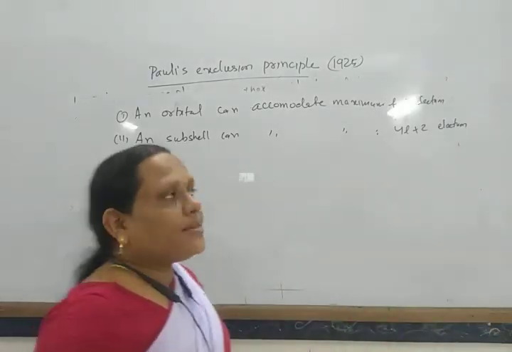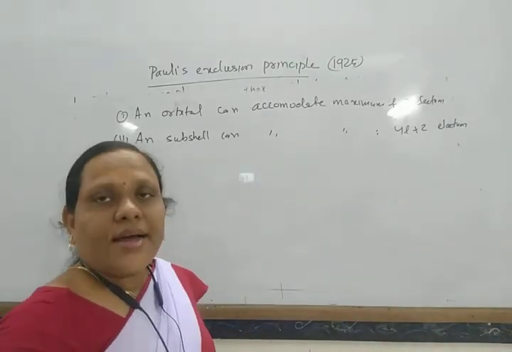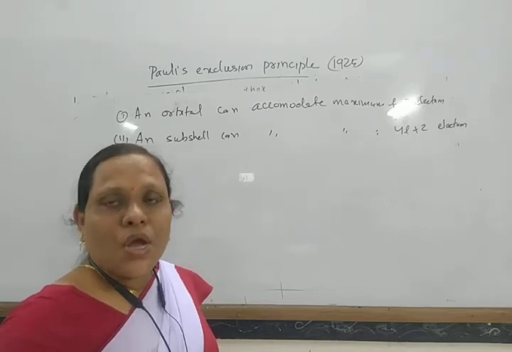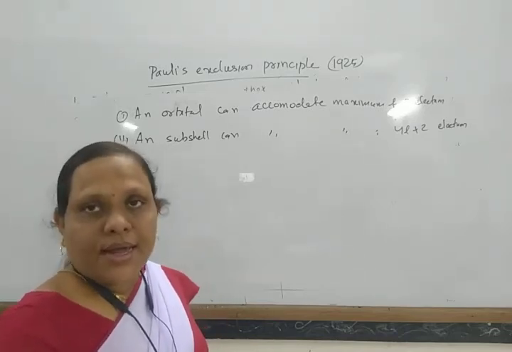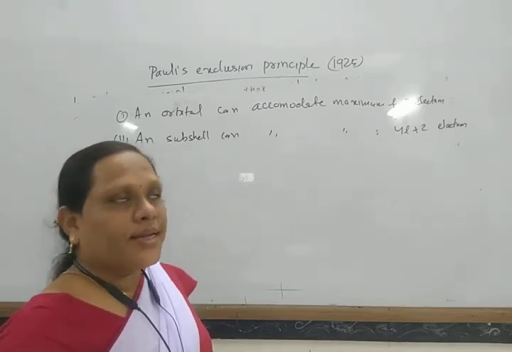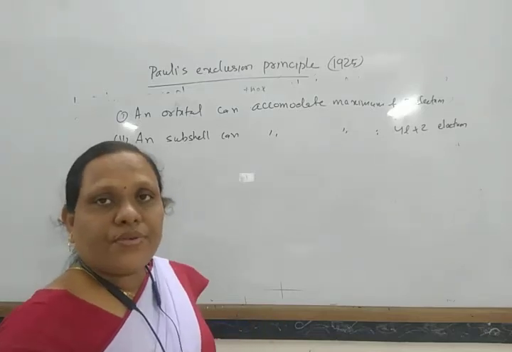So 4l plus 2 electrons. A subcell can contain 2l plus 1 orbitals, and one orbital can contain 2 electrons.